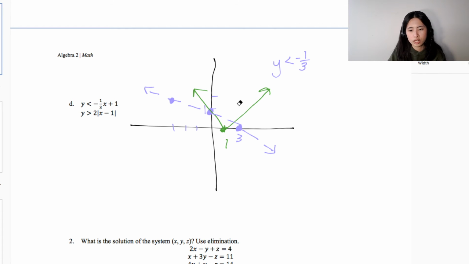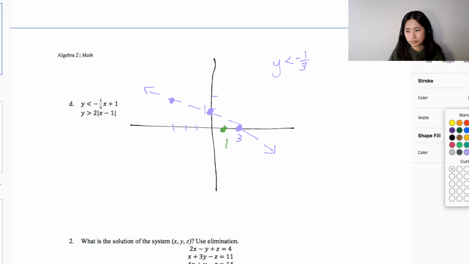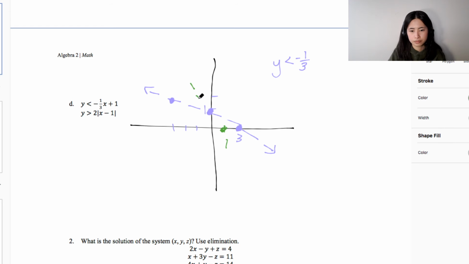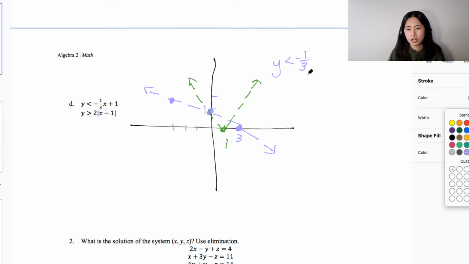And then for the green one, it's the same thing, because it's not equal to. Okay, so you have y less than negative 1 over 3 x plus 1.